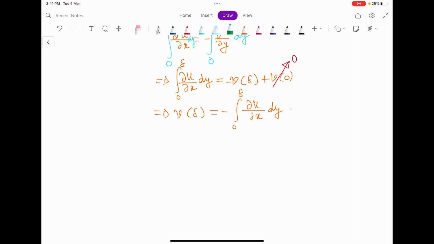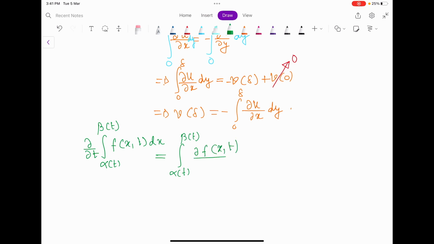It says that del t of the integral from alpha t to beta t, if we have a function of x and t, I am integrating. This rule says whether I can take the derivative out and in into the integral or not.